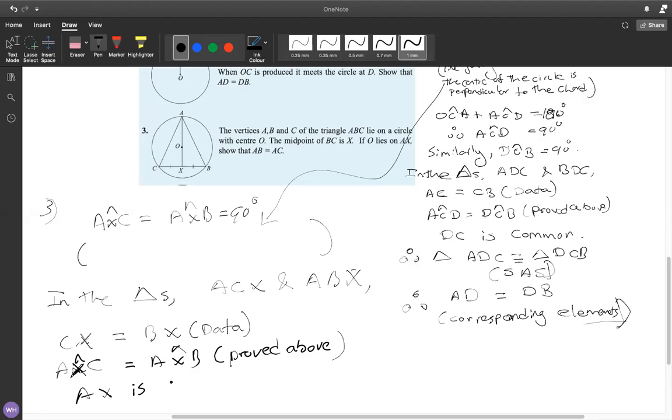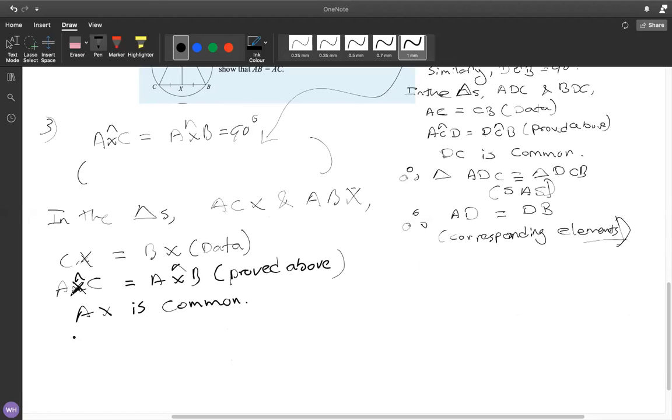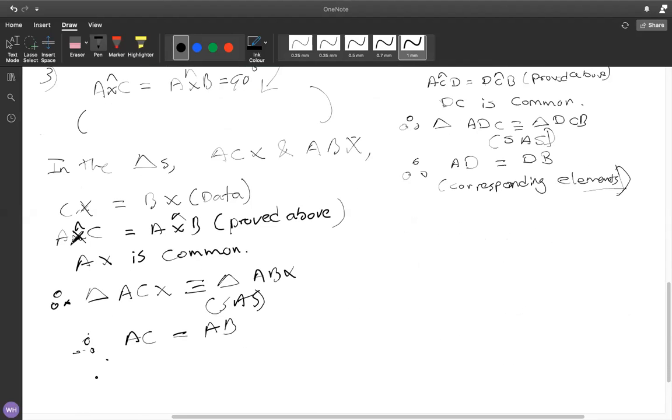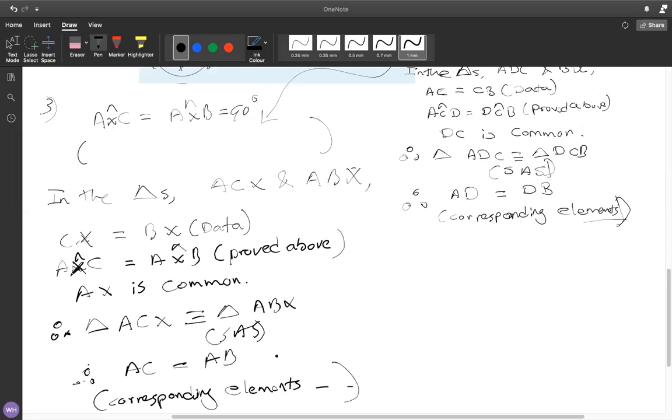AX is common. Therefore, the triangle ACX is congruent to the triangle ABX under the case of SAS. Therefore, the two elements AC will be equal to AB, corresponding elements of two congruent triangles. Okay, you can write it.